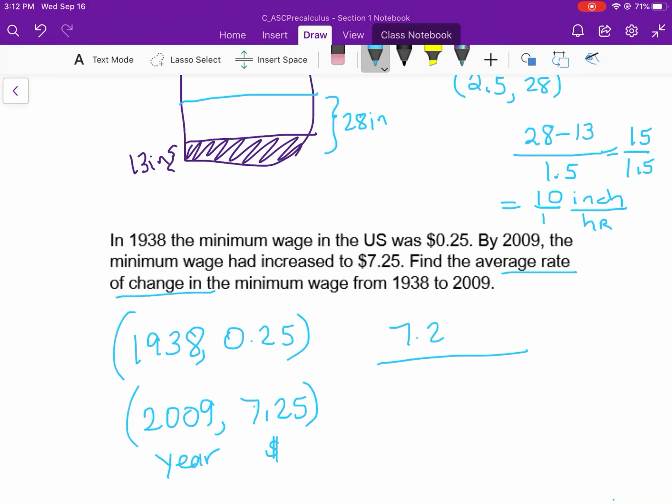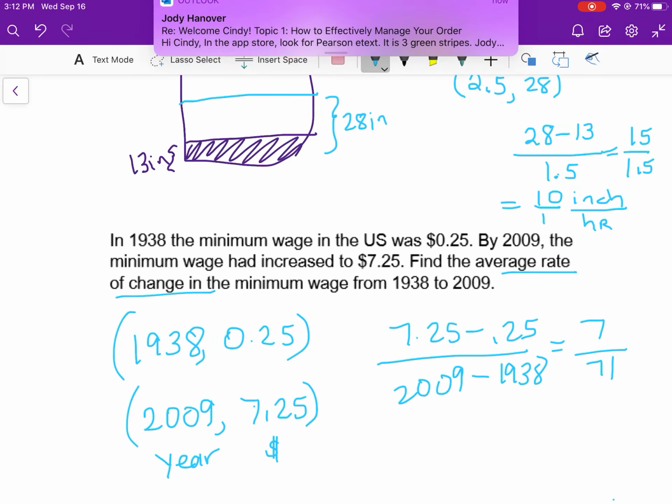So the top is going to be 725 minus 25 over 2009 minus 1938. So the top is easy, 7. So 2009 minus 1938 is 71 years. So 7 divided by 71 is like 10 cents.